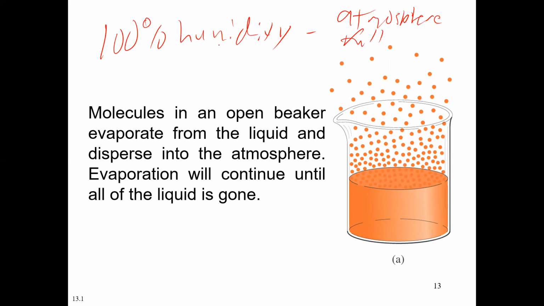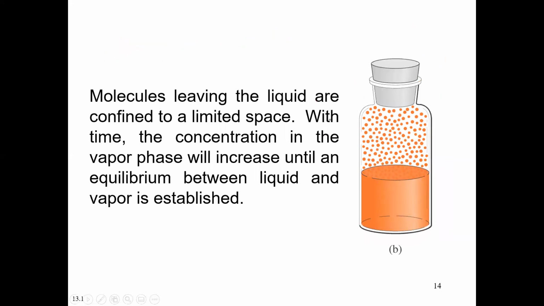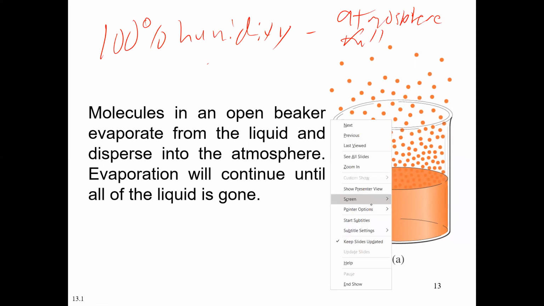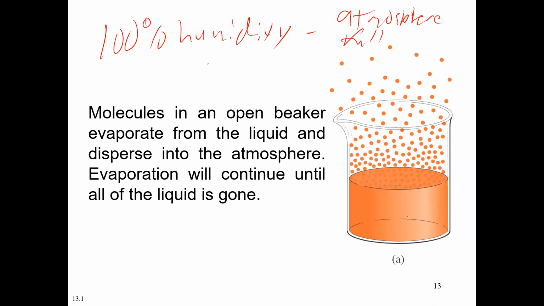Basically, you will get a situation where it will go out and in at the same time. So with 100% humidity, the atmosphere is full, and you'll get these coming out, and they will also go back down inside.